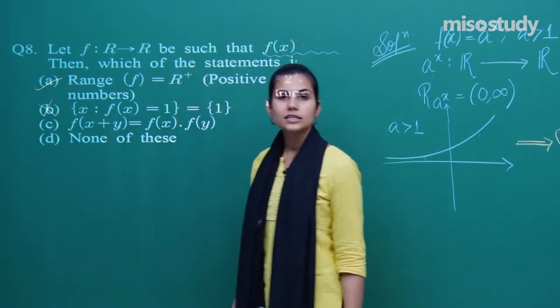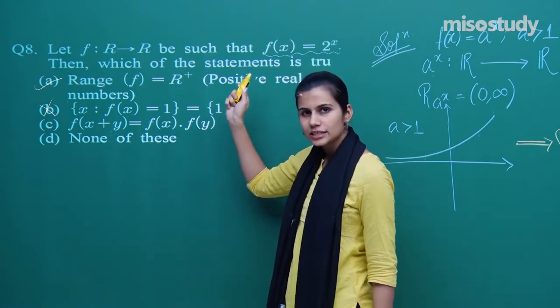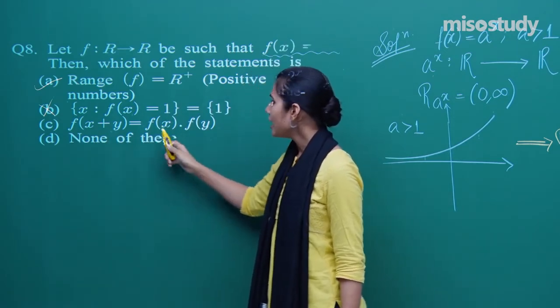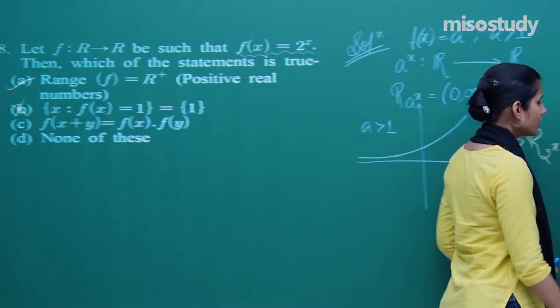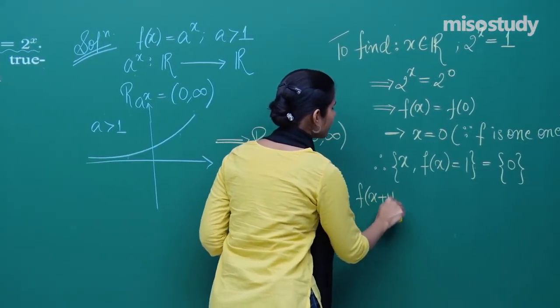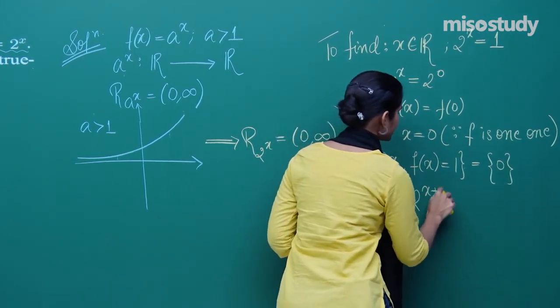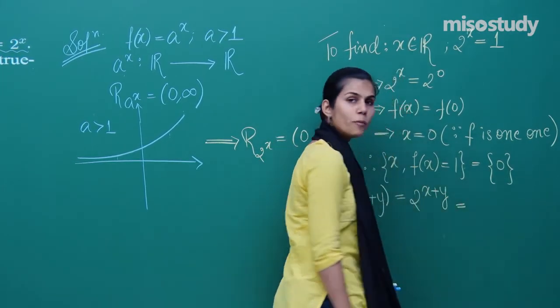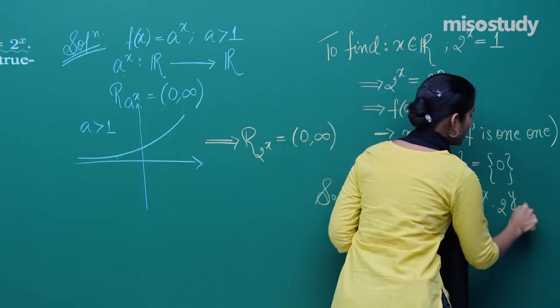therefore B is wrong. Going to C, it is saying, does f satisfy that f(x plus y) equals f(x) into f(y)? Let's verify that. f(x plus y) is nothing but 2 to the power x plus y, which I know by the exponential rule is 2 to the power x into 2 to the power y.